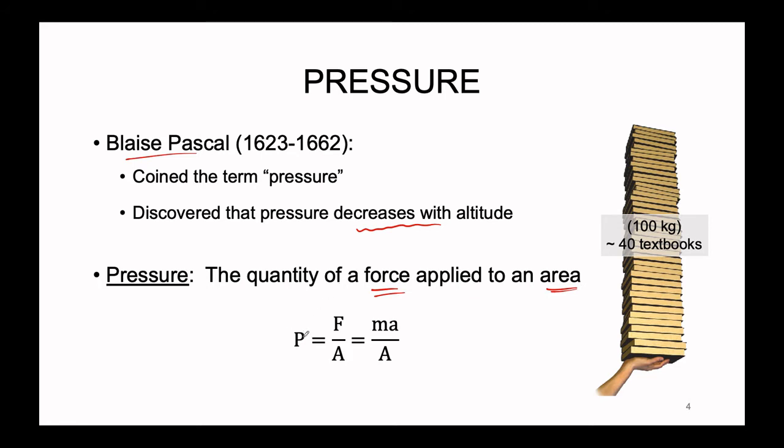So pressure, we can say quantitatively, again, is a force, which is represented by our variable F, per area, which is this capital A. And according to Newton's second law, force is equal to mass times acceleration.